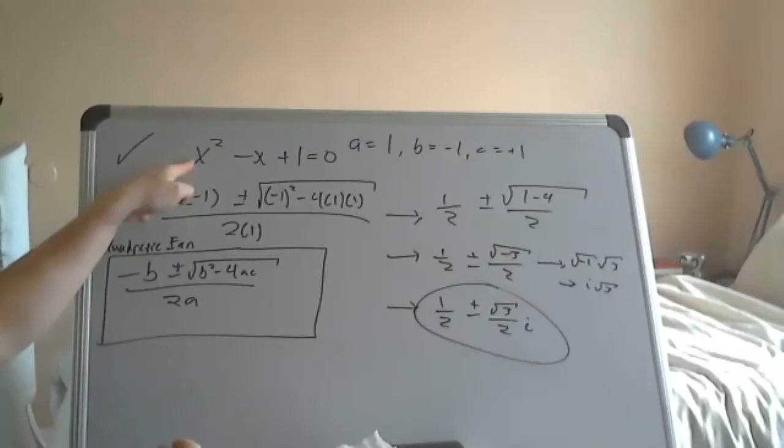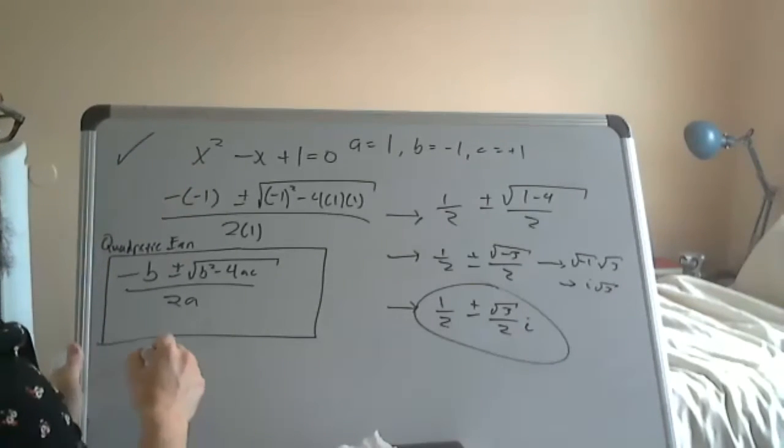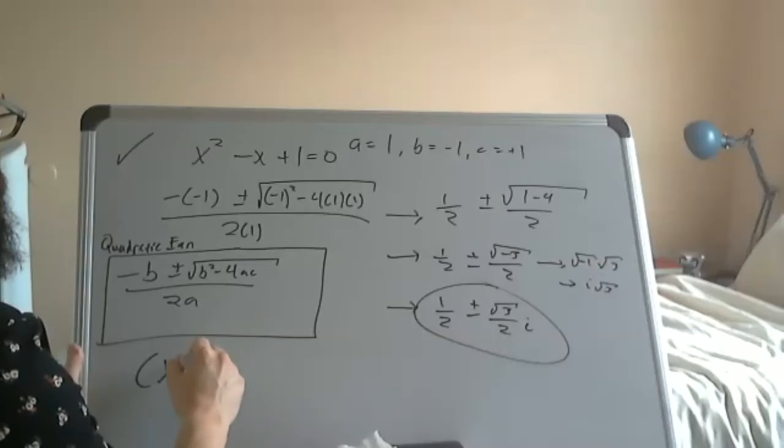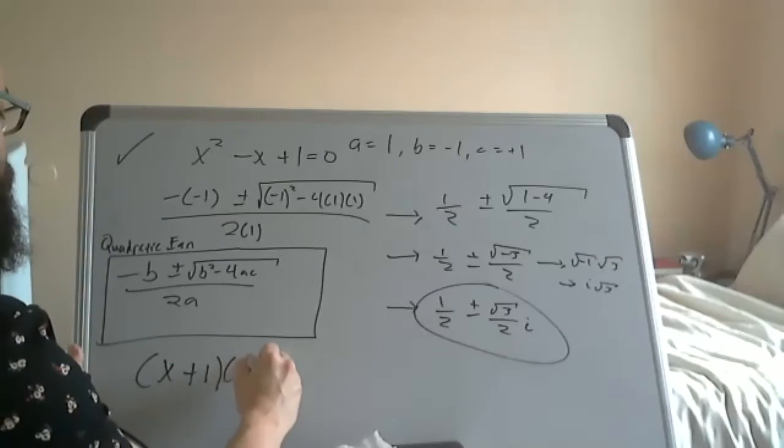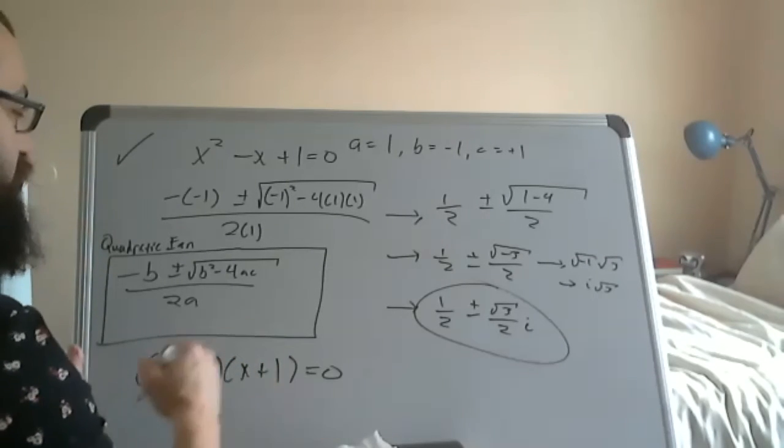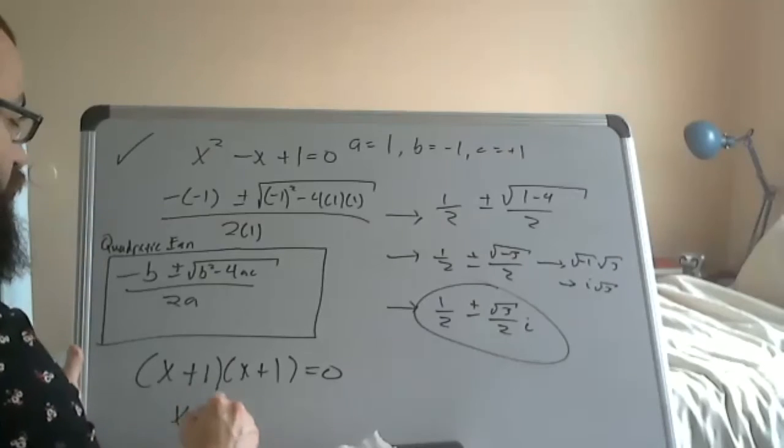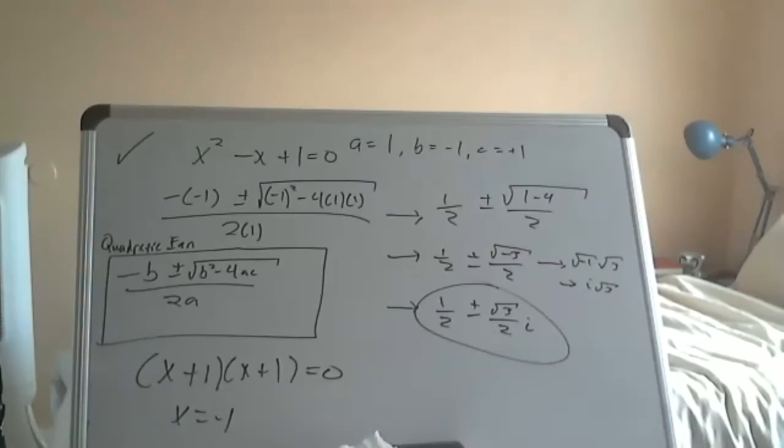What would be nice is if I could say x plus 1 times x plus 1 equals 0, and then tell you that x equals negative 1 and be done with it.